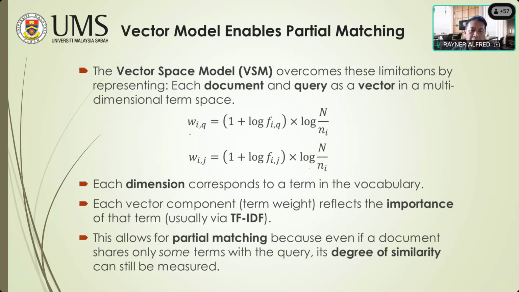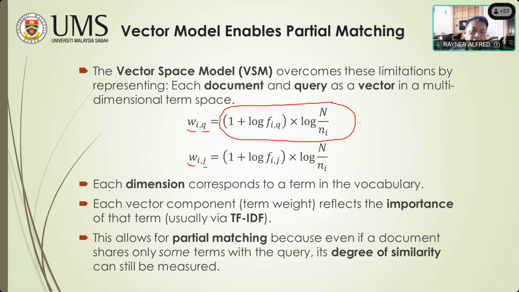For example, this is the weight of keyword i in the query, and this is the weight of keyword i in document j. We have seen this formula, so we know this is TF-IDF. Each component has its own weight with respect to the query and the document itself.